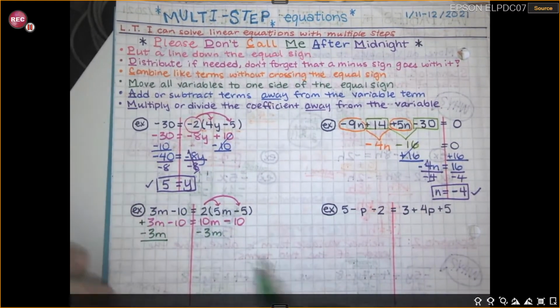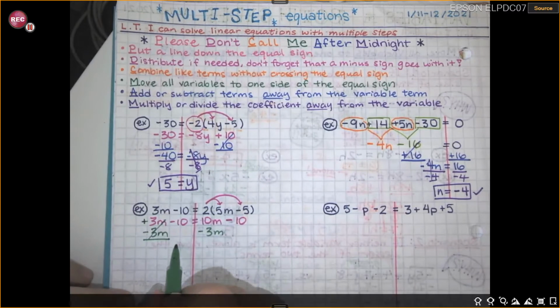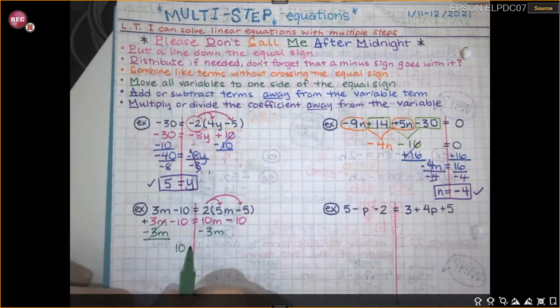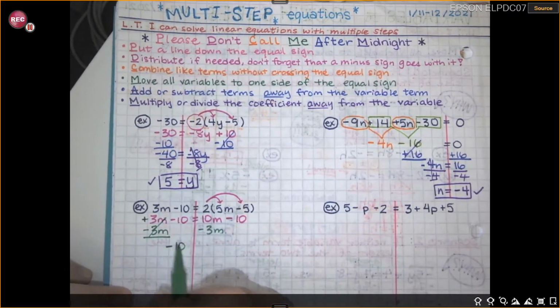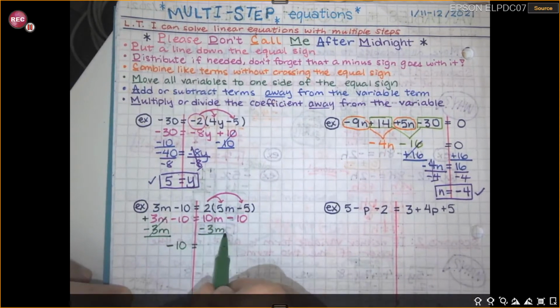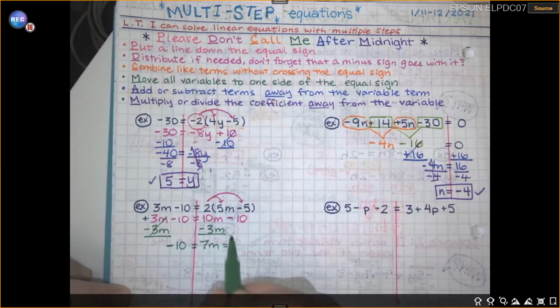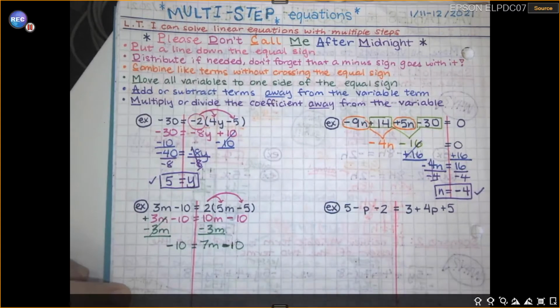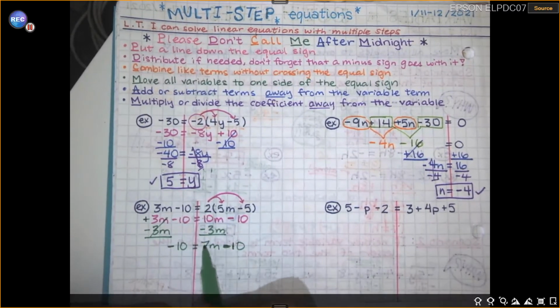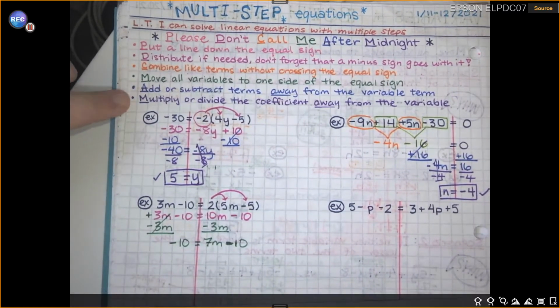Okay, so that goes away. Bye-bye. We have negative 10, don't forget the sign in front of it, equals 10m minus 3m is 7m, minus 10. Geez Louise. Okay, then we're down to the last 2 steps.